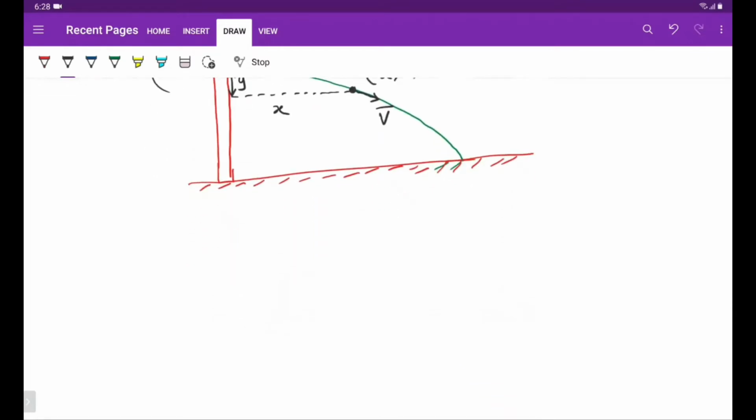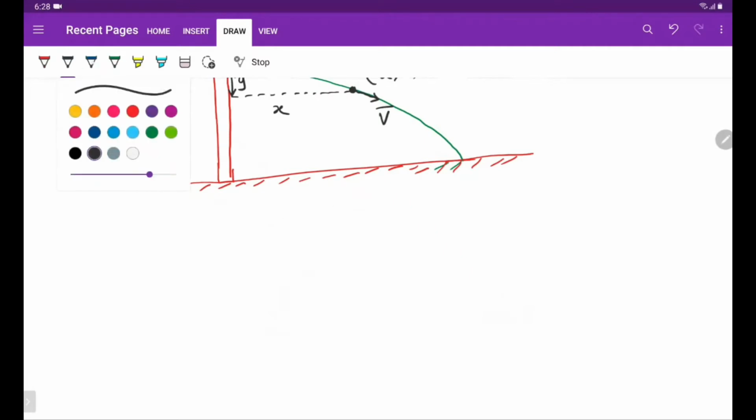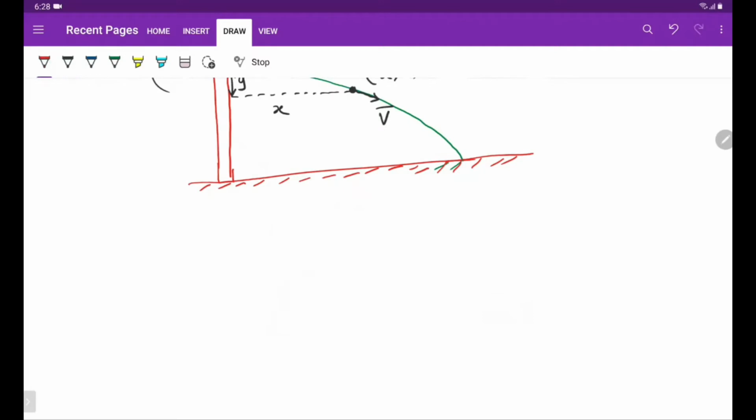So if you know, instead of time, the vertical distance, you can use the third kinematic equation, v square minus u square is equal to 2as. You can also use this formula. The last equation, we can apply along x-axis as well as along y-axis.